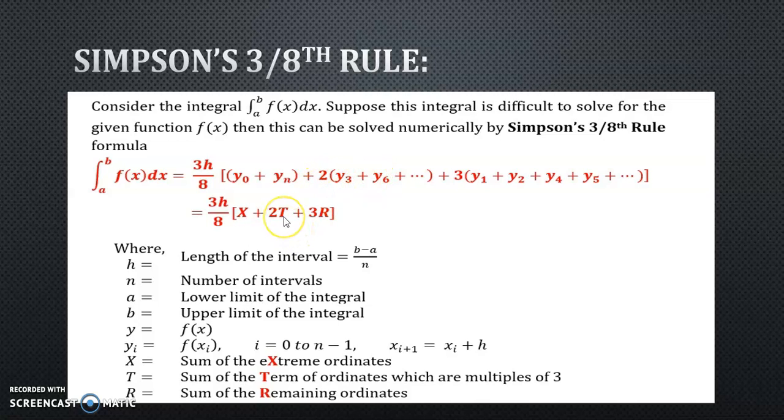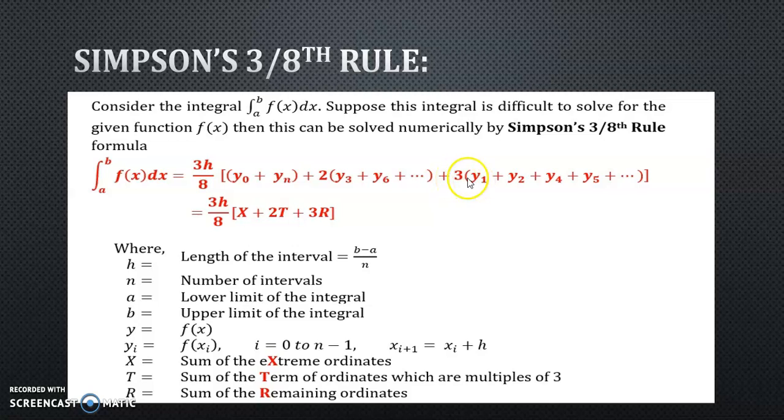This is called the term T. So what is capital T? Capital T is the sum of the ordinates which are multiples of 3, that is y3, y6, y9, y12, etc., if y9 and y12 are present. Plus 3 times the remaining ordinates.